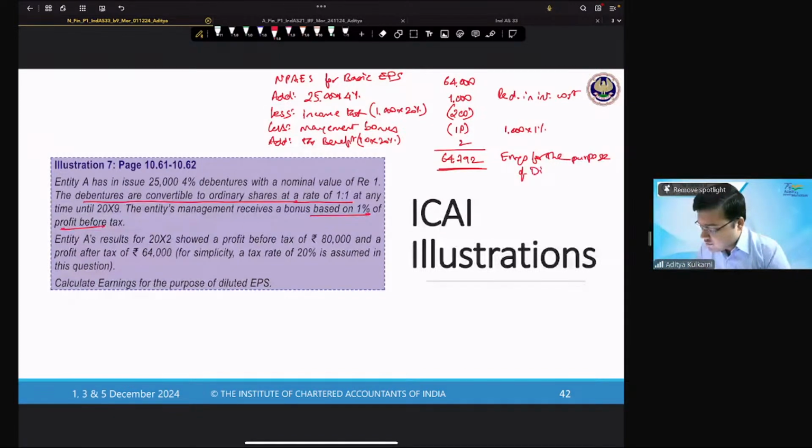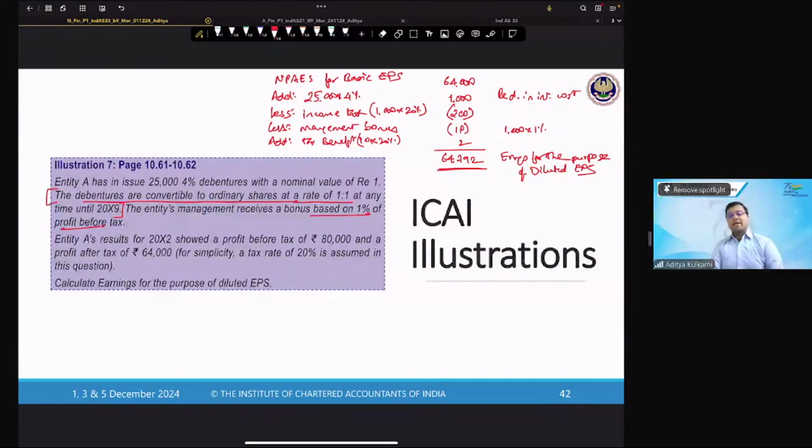for the purpose of diluted EPS. Are we okay with this? Any doubts? See, obviously this will not be so easy, because these are financial instruments whose treatment you will be studying. So we have obviously ignored the treatment, and this assumption is given in the institute solution as well: we have not classified it as liability or equity, or taken the finance cost, because all of that data is not given.